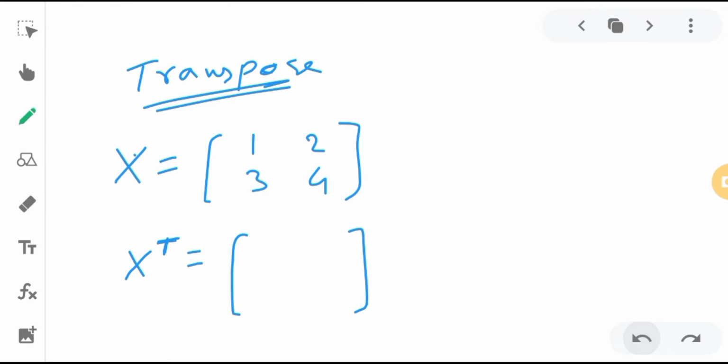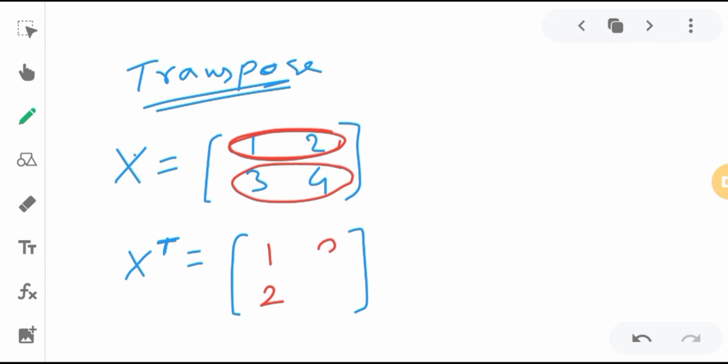So the first row will become the first column, like 1, 2. In the simple way I am telling, the first row will become the first column because we are finding the transpose. Similarly, the second row will become the second column.